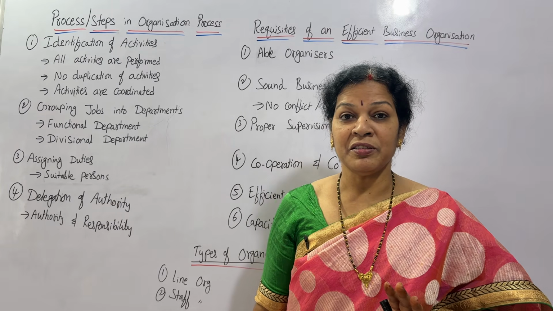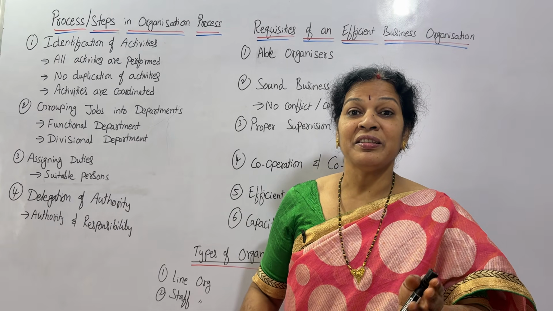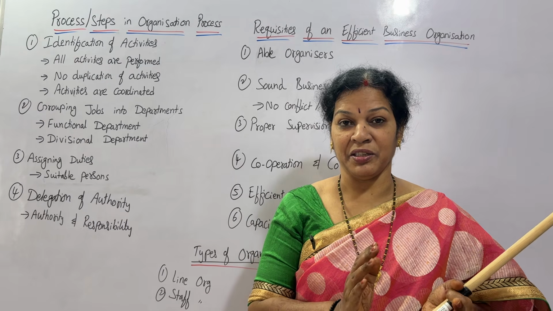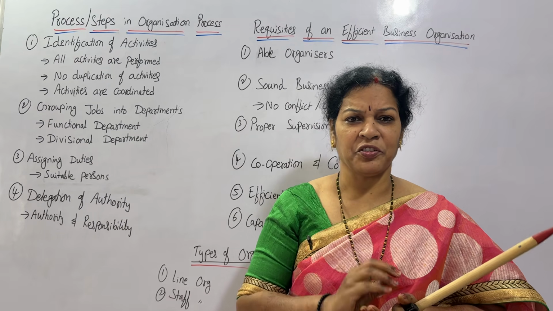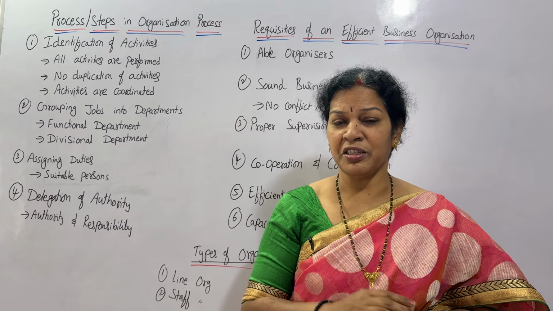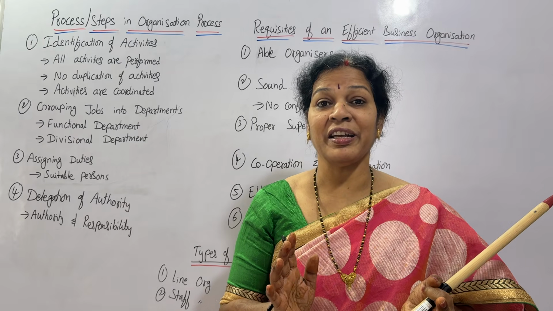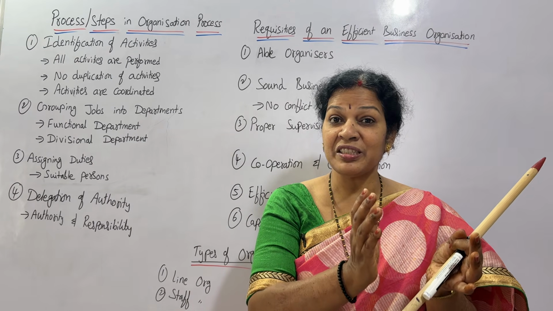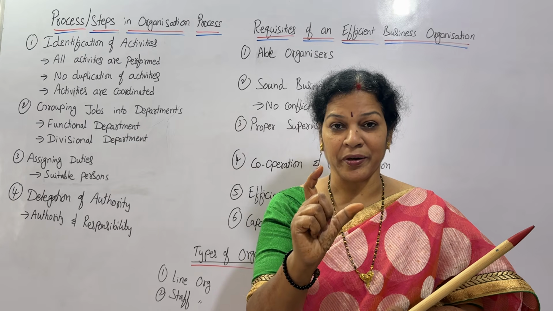Functional department means department wise, every activity we are going to make as a function. Suppose there is only one product. Our product is electronic goods, and we are producing only cell phones. This is our product.